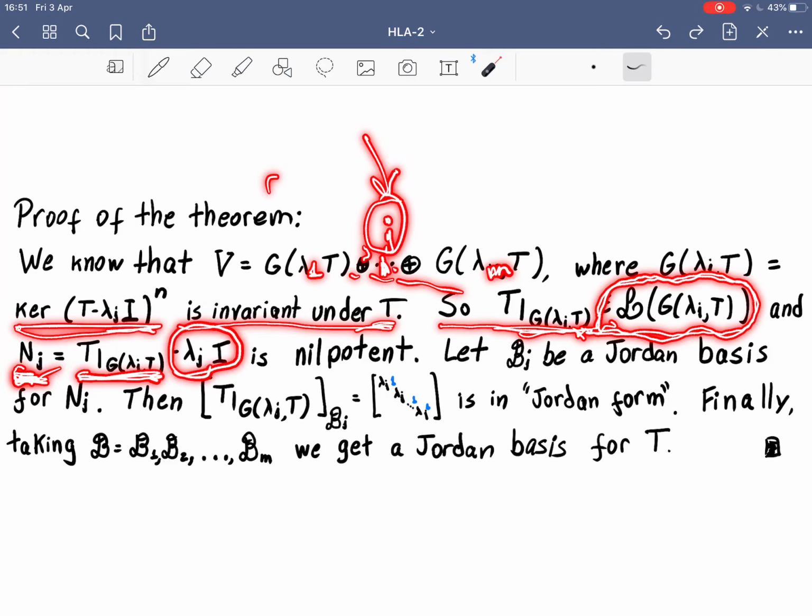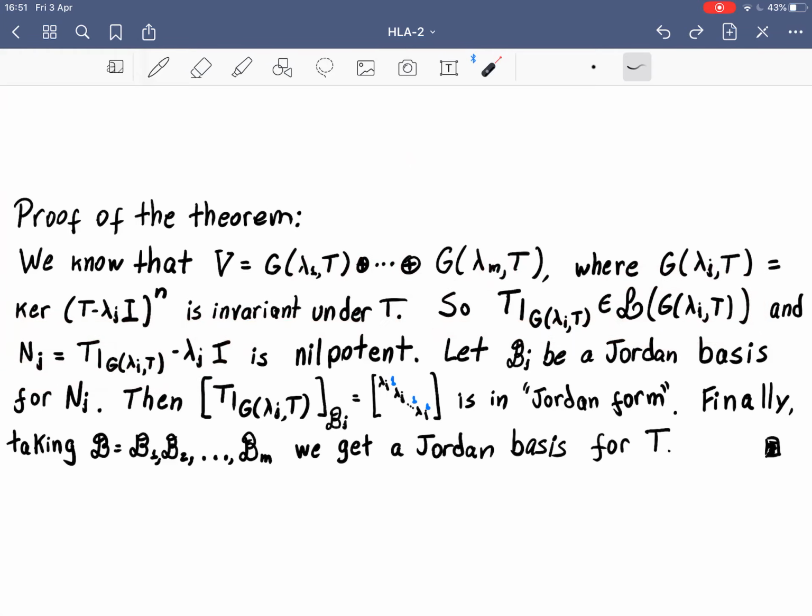What's lambda j? Well, that lambda j would be the eigenvalue that we have here. Minus lambda j times the identity. What identity? The identity of this subspace as well. Okay. So this Nj is also an operator on this generalized eigenspace.